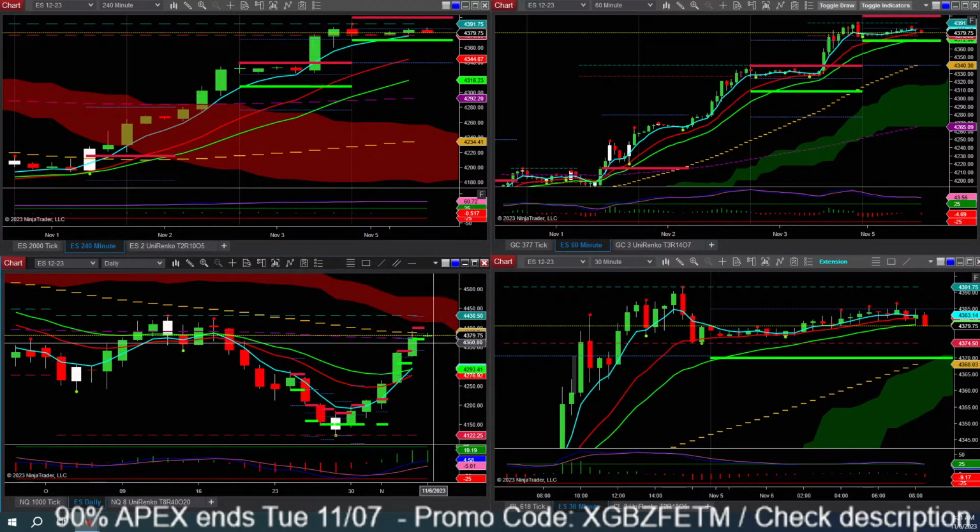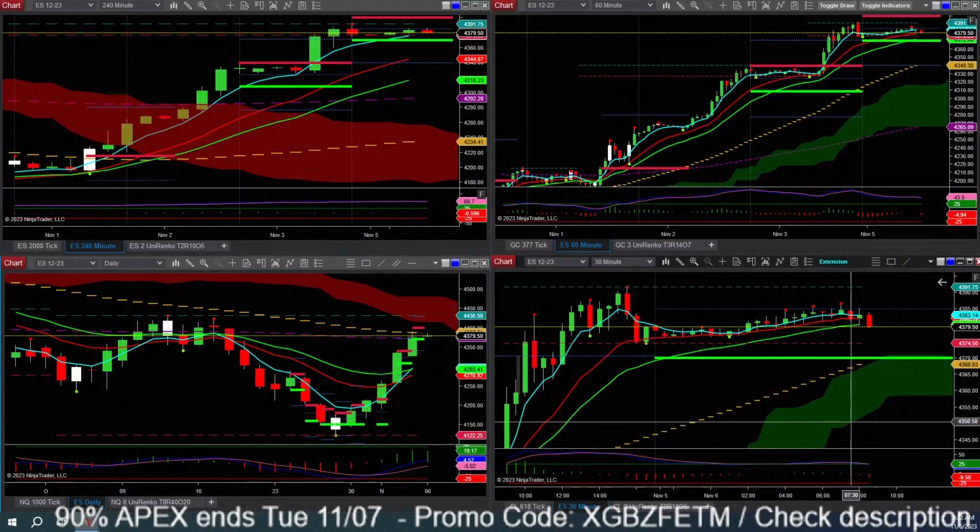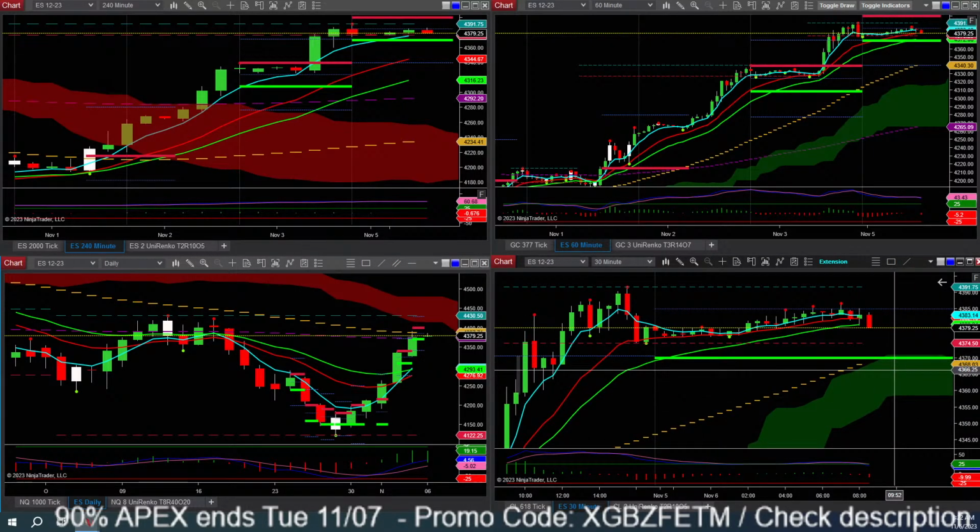I would start looking for bearish trades if we go below these lines here, or this support line. I would start looking for bearish entries if we go below that level.